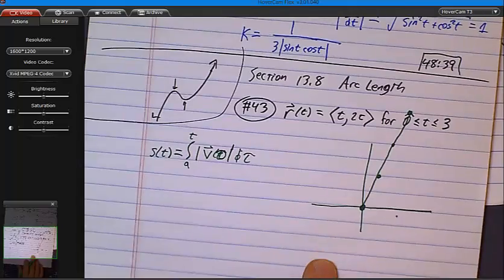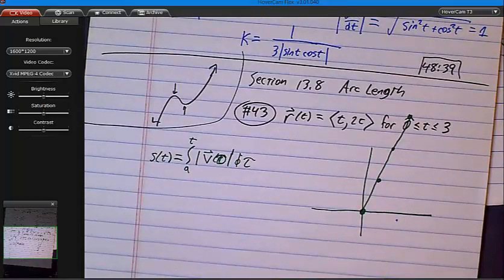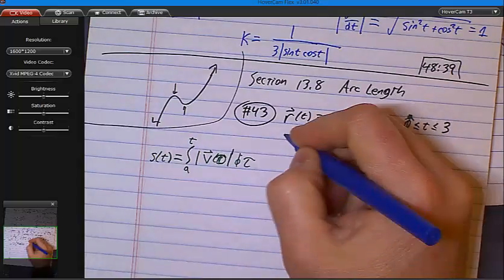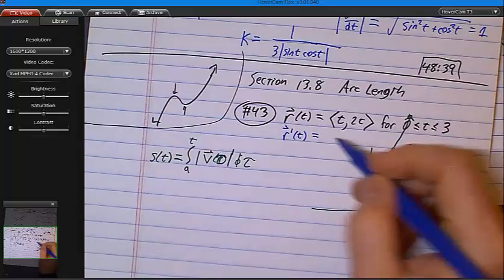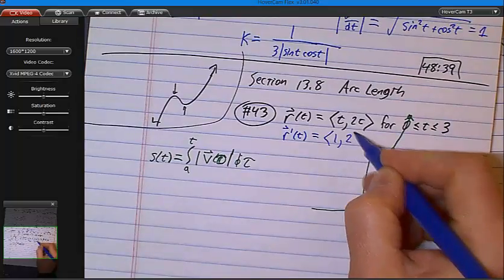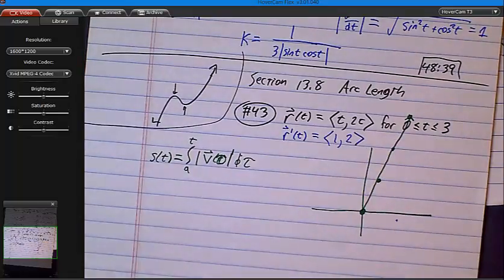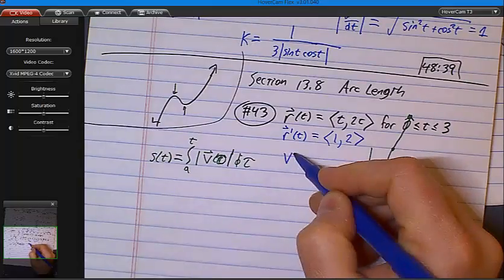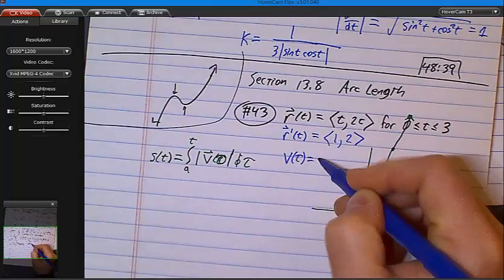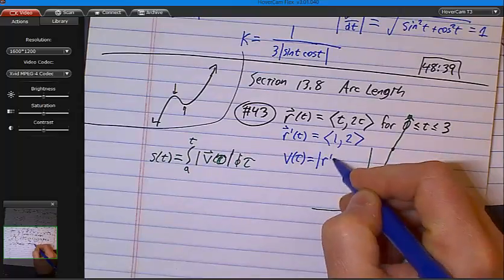So let me go ahead and try to compute that here. If r of t is given by this, I could compute r prime of t, right? So that would be 1, comma 2. Well, there we go. That's kind of nice. And next, I want the magnitude, because v of tau is the magnitude of r prime of tau.